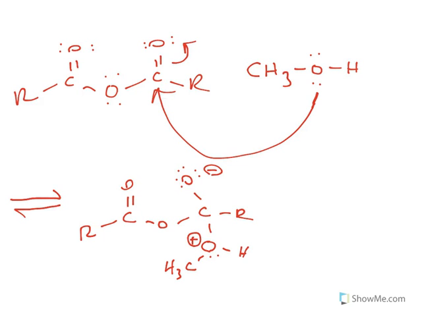All right. And what we're going to do next is have some sort of base coming by. It could be another methanol molecule. Might as well just draw methanol. Just going to pull this proton off.